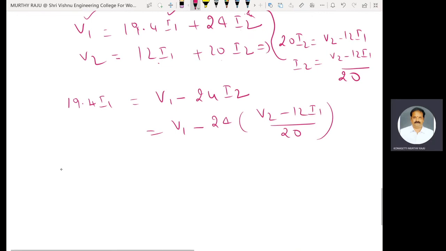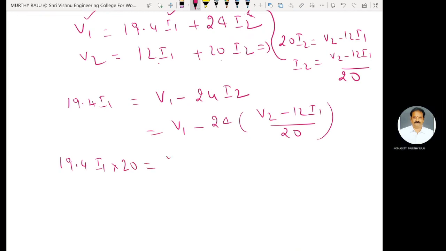That is equal to 19.4 I1 into 20, 20 V1 minus 24 V2, minus into minus plus 24 into 12 I1.